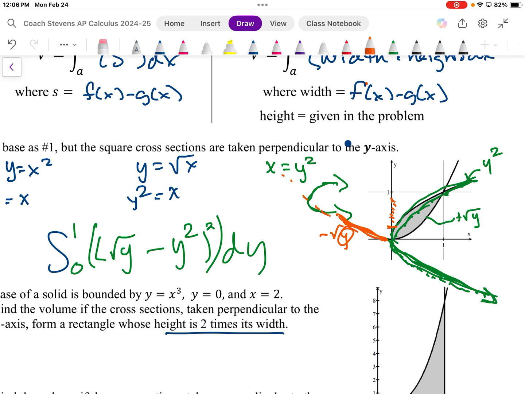And as I got sidetracked with the switching pictures, I left off the squared part, so I did get that squared in there. So it's the square root of y minus y squared, that quantity squared, dy, and that's my area.